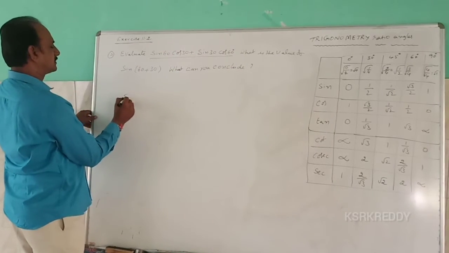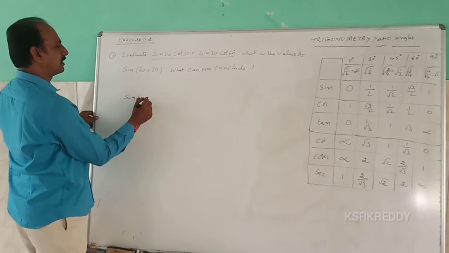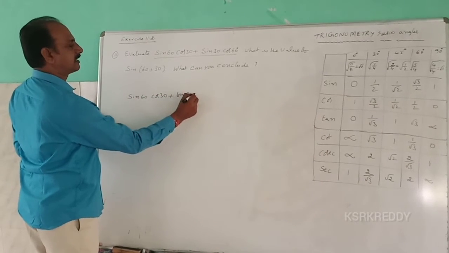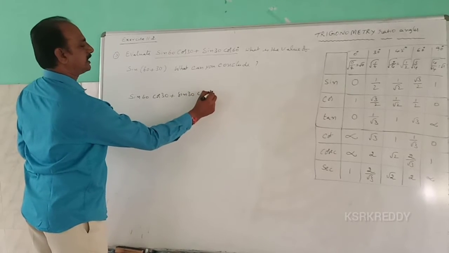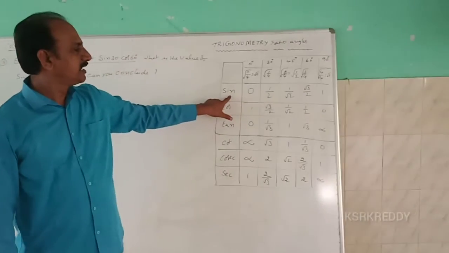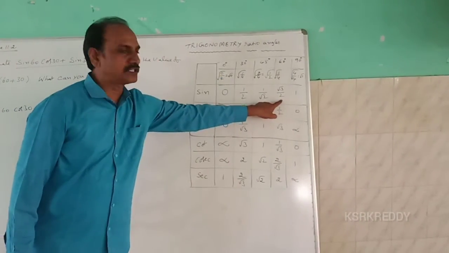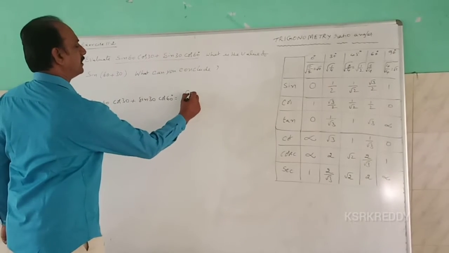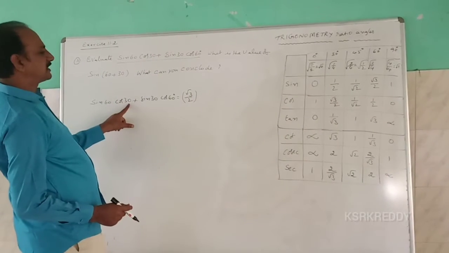Sin 60 cos 30 plus sin 30 cos 60. What is the sin 60 value? Sin 60 is root 3 by 2. So root 3 by 2 into cos 30.